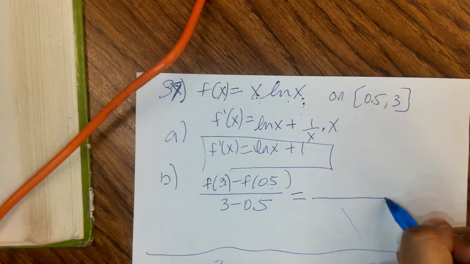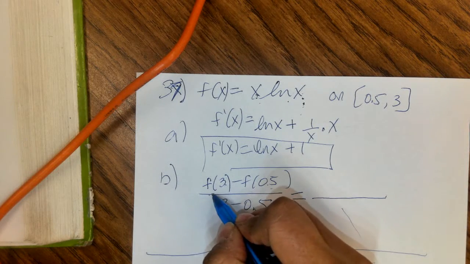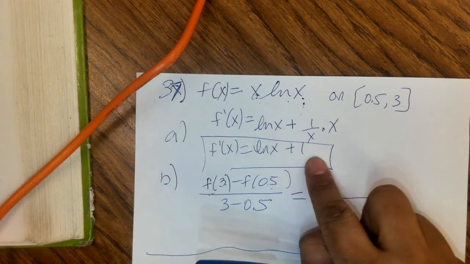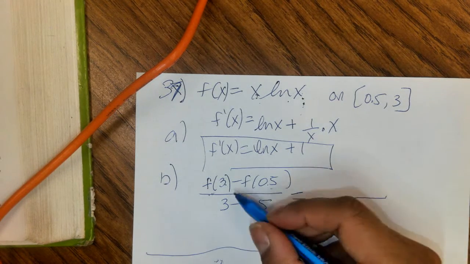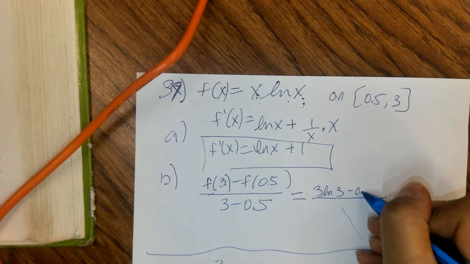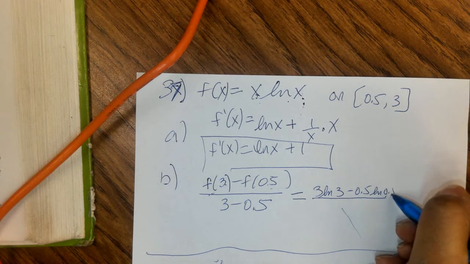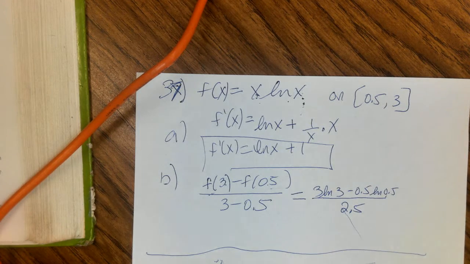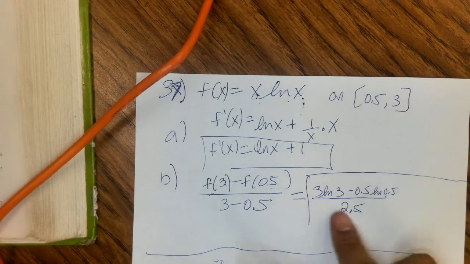So f of 3, this is me finding average rate of change. I'm going to get that value, which is going to be ugly, and put it equal to the derivative. When I plug in 3, it's 3 ln of 3. Plug in 0.5, it's 0.5 ln of 0.5. And then when I subtract, I get 2.5. It's ugly, but it represents some number.